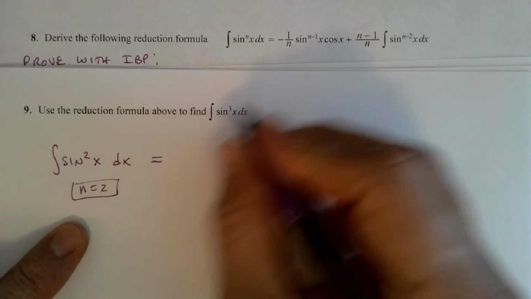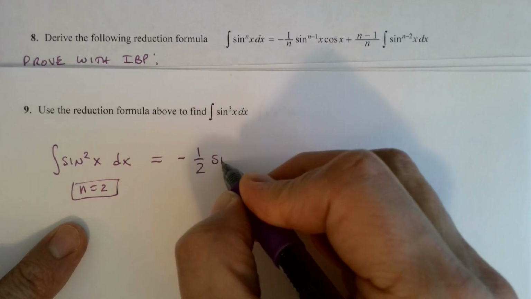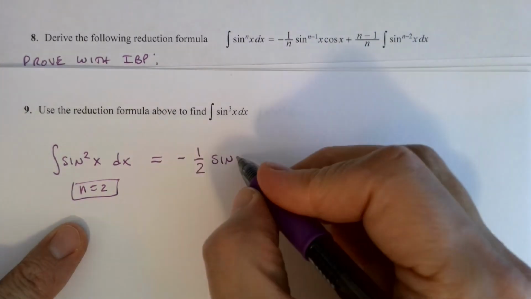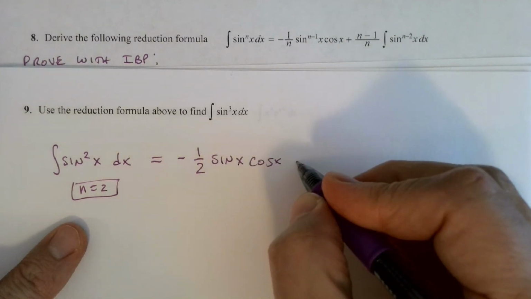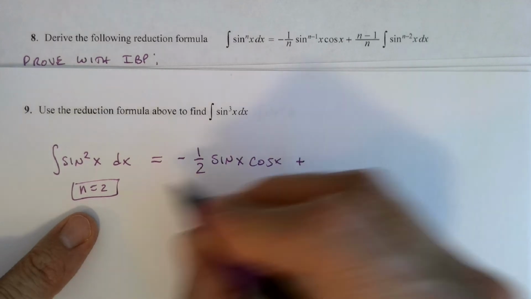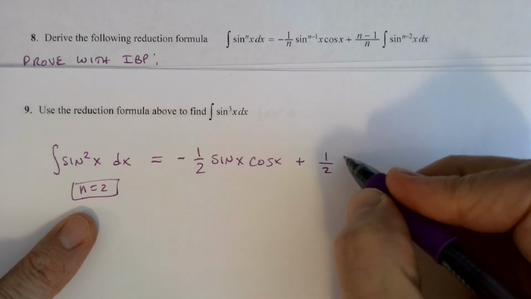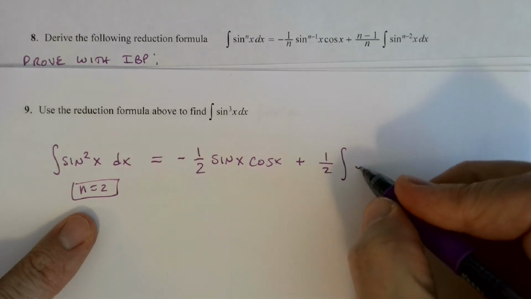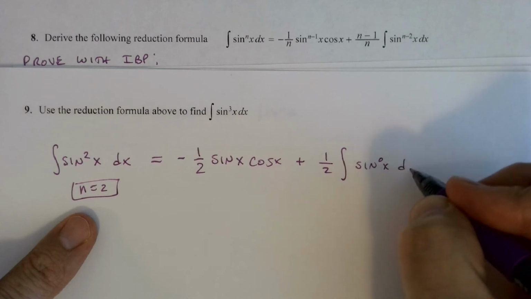So with n is 2, I just replace n with 2. So I get negative 1/2 sine to the 2 minus 1, which is 1, so it's just sine x cosine x, plus n minus 1 over n, which is 1/2, integral, and I get sine to the 2 minus 2, the 0 power. What in the world is that? What's sine to the 0 power?